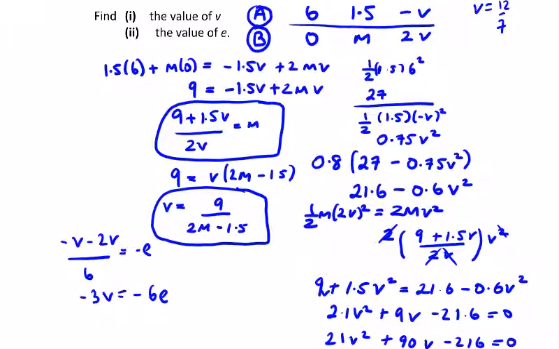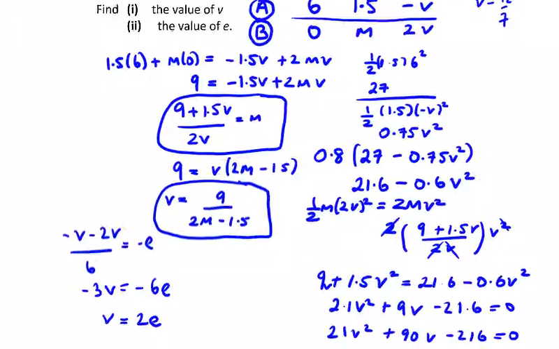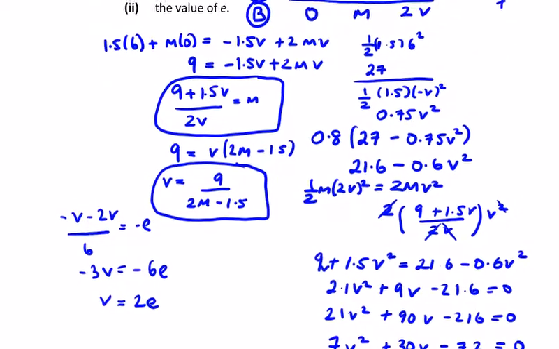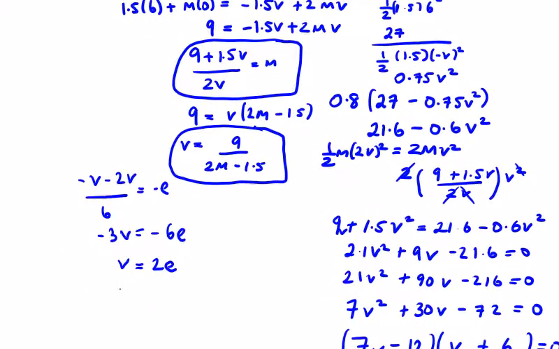So that means that v divided by 3 is equal to 2E. So the 12 over 7 is equal to 2E. So E is equal to 12 over 14, which is 6 over 7.